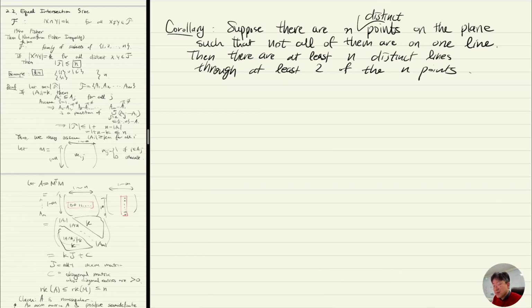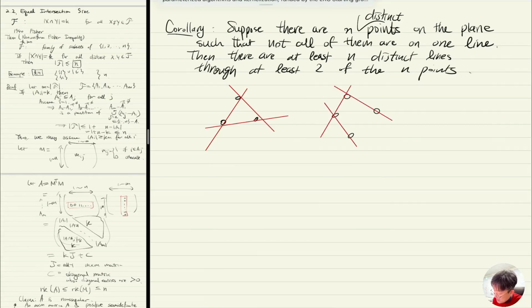So what's the problem? For instance, I have these 3 points, then I have 3 lines. I might have 4 points. In this case, I have many lines, right?